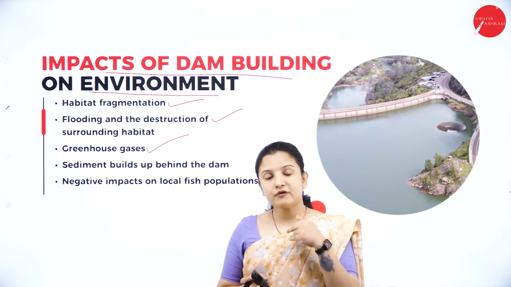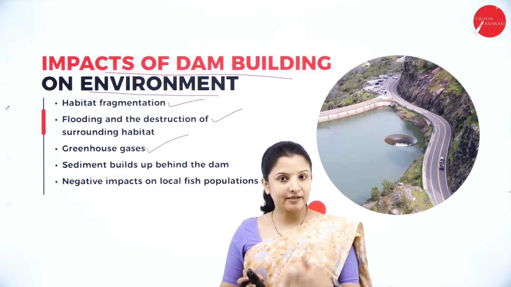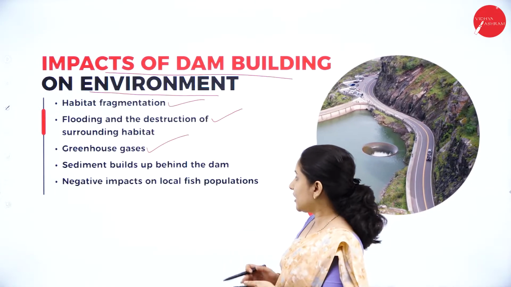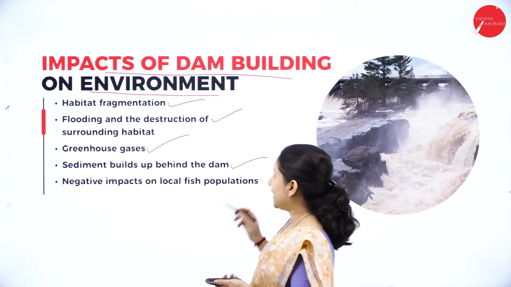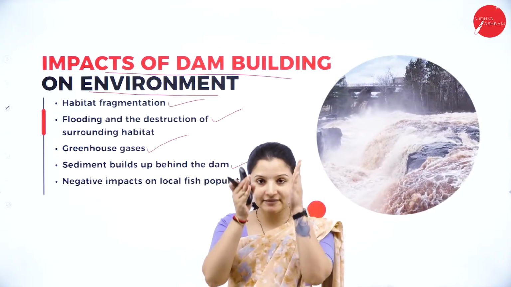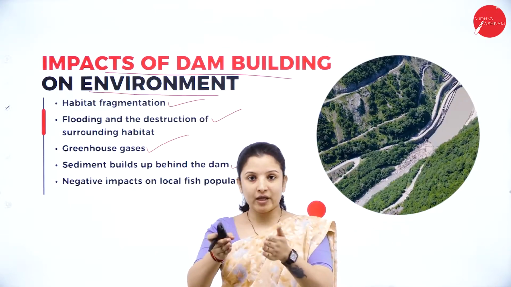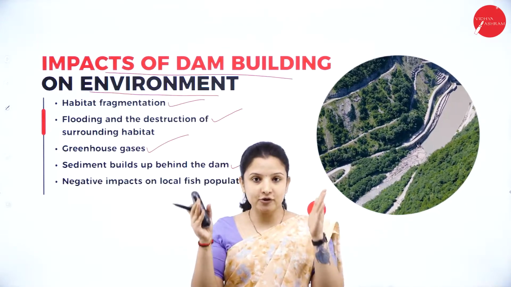Therefore, the population of trees in that particular area will drastically reduce, thereby increasing the greenhouse gases. And not just that, there are the sediments. Because dams are built in the center of a river, right? So that whatever water is flowing can be collected by the huge dams.